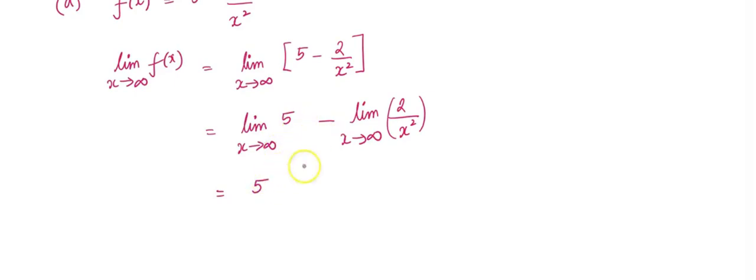That's the constant rule. And then here, you can reason out that, as x takes a very, very large value, what happens with x taking a very large value in the denominator. You do not need to worry about the square, actually, because infinity squared is still infinity. So 2 over infinity is what you're trying to do.